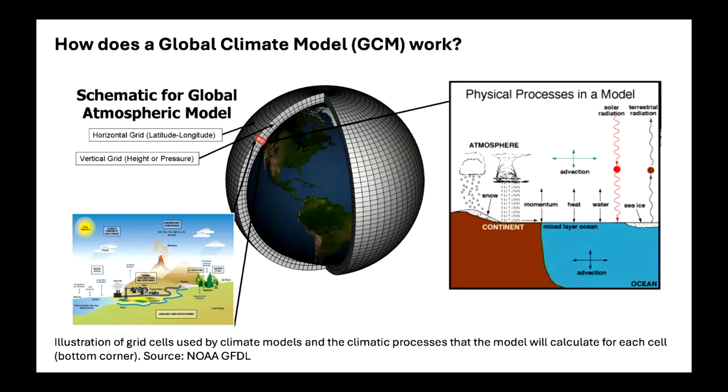In a climate model, the Earth's surface and the atmosphere are basically divided into a three-dimensional grid that looks like this, right? And each grid cell represents a specific volume where variables like temperature, pressure, relative humidity, and winds are calculated.